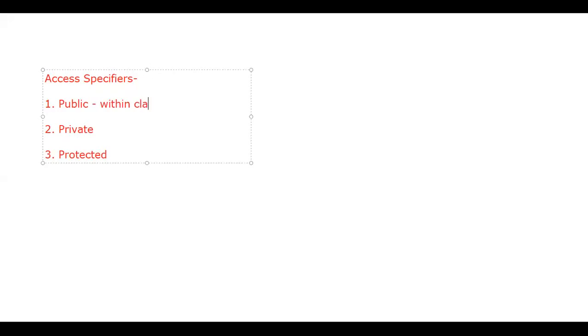I will just write: within the class. Any other? With respect to the derived class, the data which is available inside the public specifier is available within the class, meaning throughout the program, then the derived class, and then the third one is outside of the class.